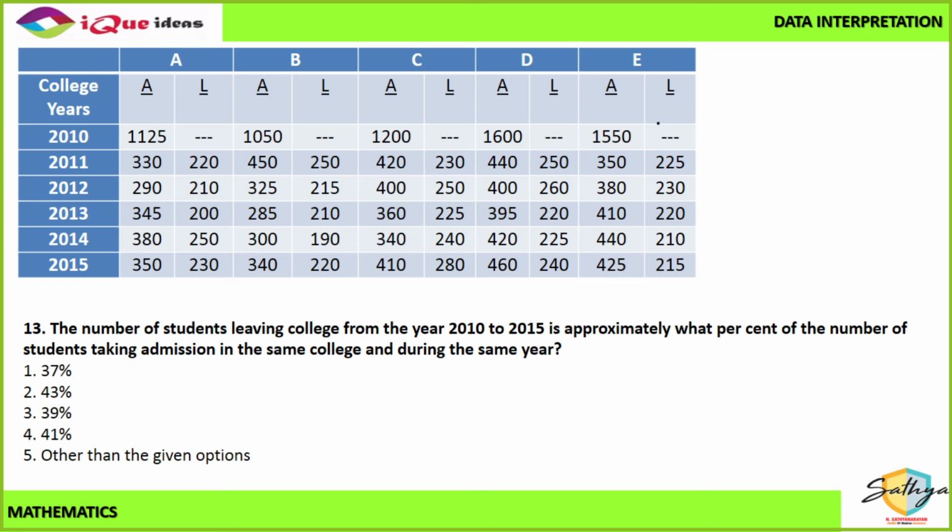Anya, correct. If you do the calculations properly, your answer should come close to C, 39%. It's a very, very long and calculation intensive question.